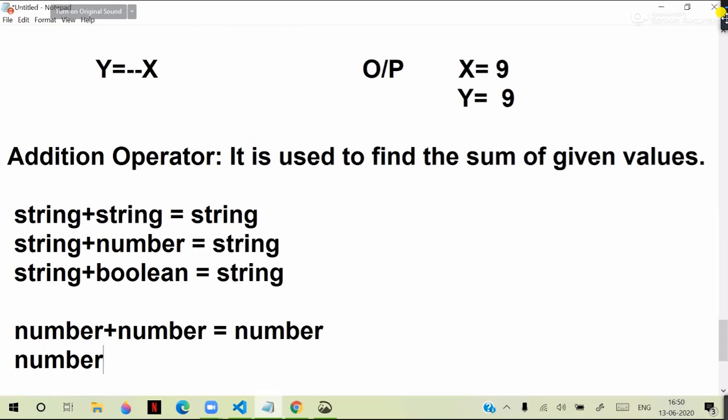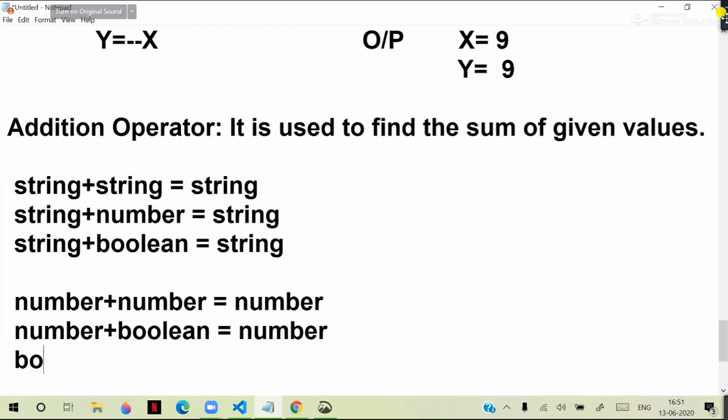Now number plus boolean, what will it return? Number plus boolean also returns a number only.